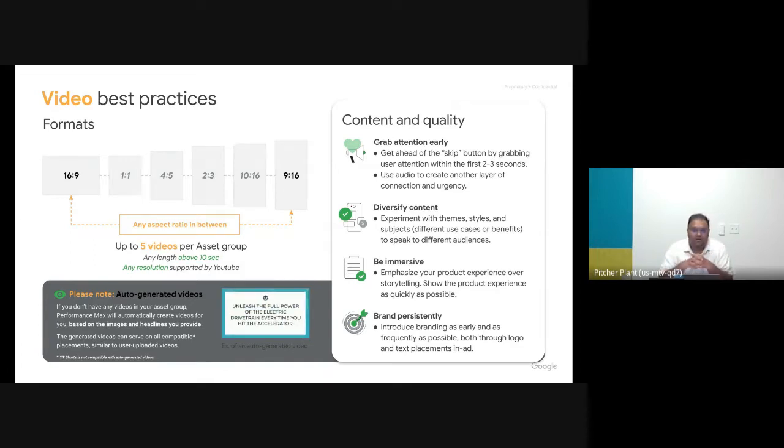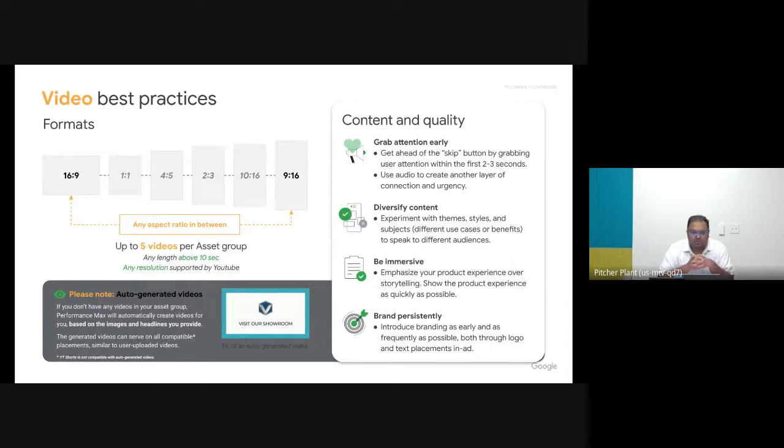Instead, we should think about having a video that delivers a product experience or something that compels the user to take an action. It grabs the attention early, and you're branding persistently. Some of these recommendations are generally different from what you would want to do in a brand awareness kind of strategy, which is more about storytelling.